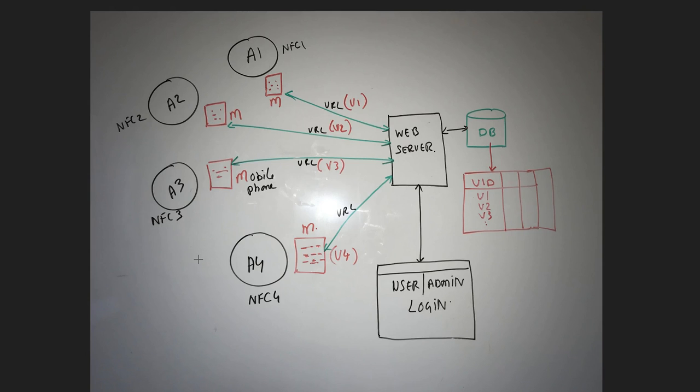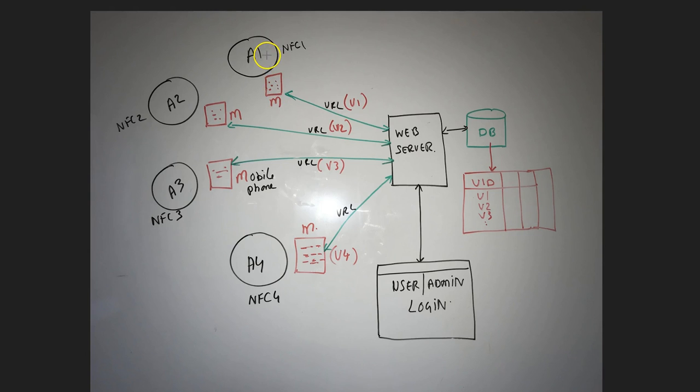So here I've got a model. I'm running a campaign where I've got posters with NFC stickers, and there are 4 locations, and each location has a poster with an NFC sticker, and each of these NFC stickers has an NDEF message that points to my web server. Now this box called M is the mobile phone with an NFC reader writer.